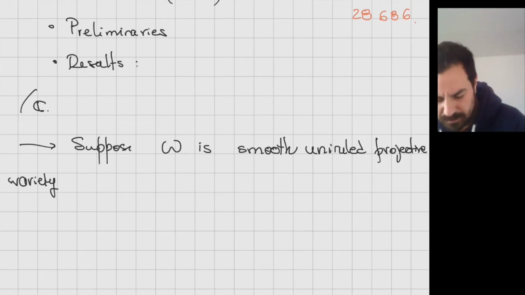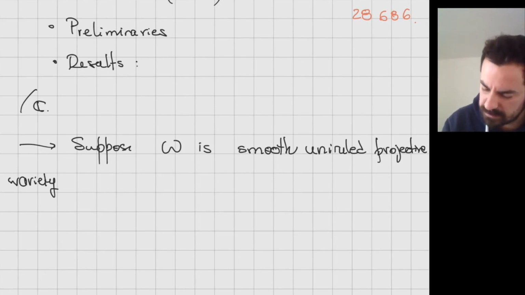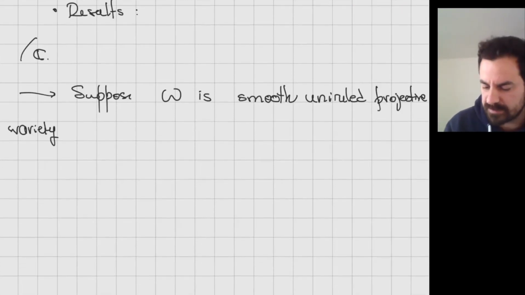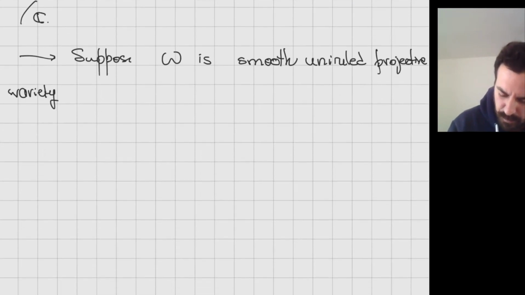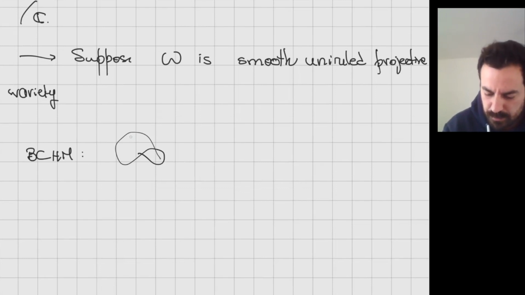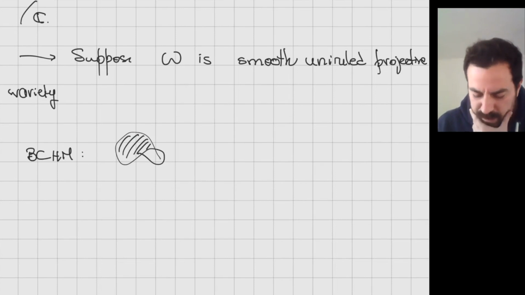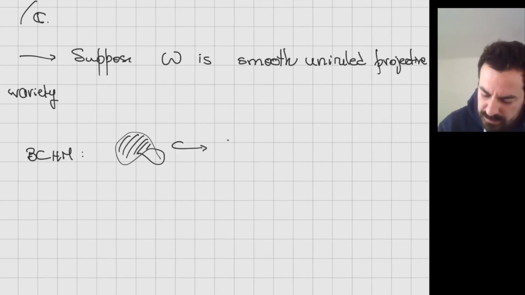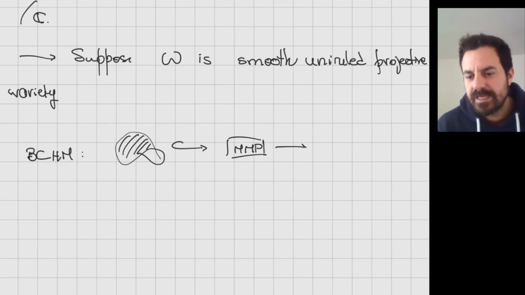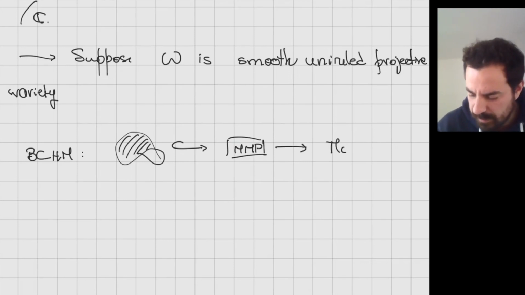This is not a big assumption because you always have a resolution of singularities, so you can assume your variety is smooth and projective. So by BCHM, you have that your variety W is covered by rational curves. That's the meaning of being uniruled. So if you input it into this machine called MMP, then what you get at the end of this process is a Mori fiber space.